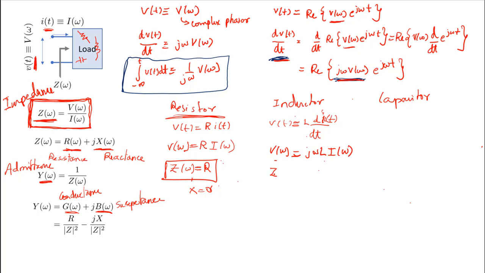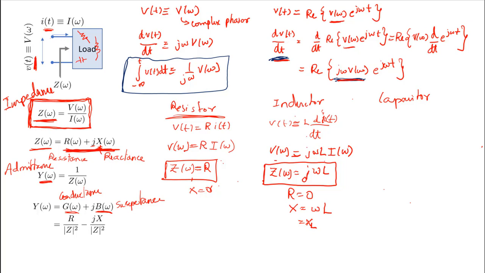When we take the ratio of the two, Z of omega is simply j omega L. Comparing to the form for the impedance, we notice that the real part, the resistance, is 0, and the reactance is simply omega L. So X is the reactance, and that is omega L, the reactance of an inductor. We call that, let's say, XL.